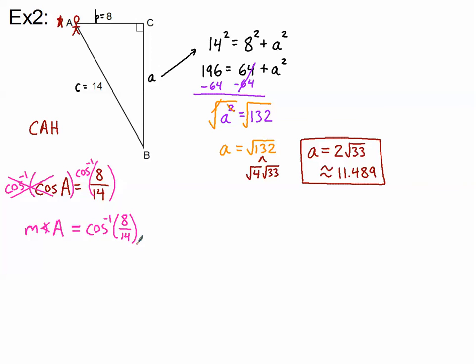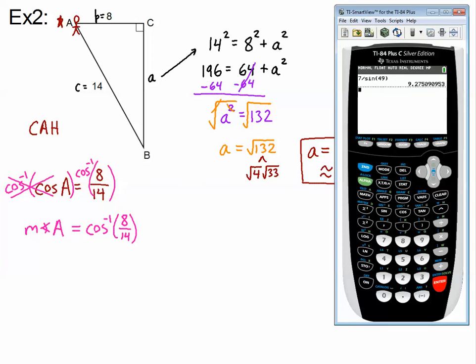So let's get the calculator out. And we're going to be typing the inverse cosine. The inverse cosine is above the cosine button. It's in blue on my calculator, so I'm going to press the second button and then the cosine button. There's my inverse, indicated by the little -1. Inverse cosine of 8 divided by 14, and I'm going to close my parentheses, will give me this, and this is our angle.